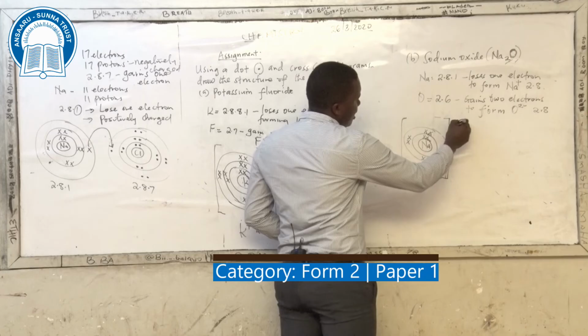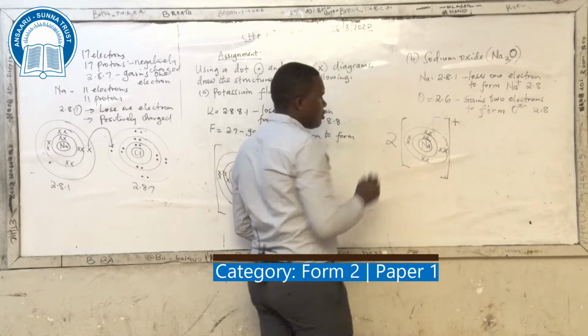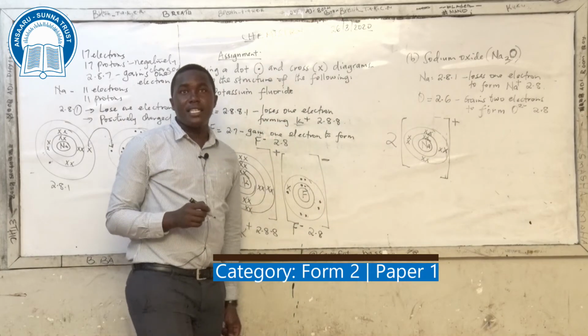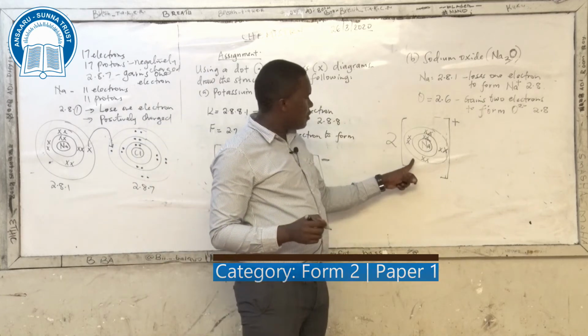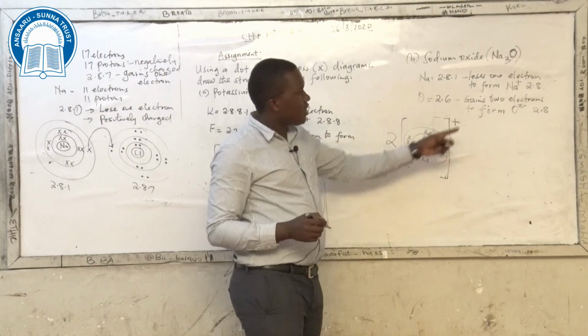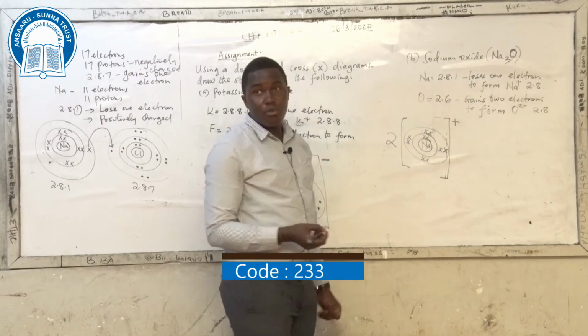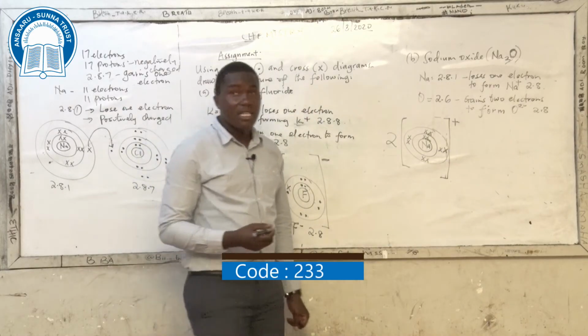So this one has a plus here, but you require 2 of them, so you write 2 there. That's the ion. Then it means that 2 of the same sodium will give 2 electrons that are going to be gained by the oxygen atom to form the oxide ion.